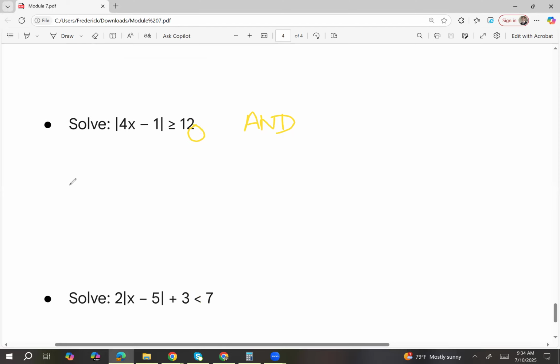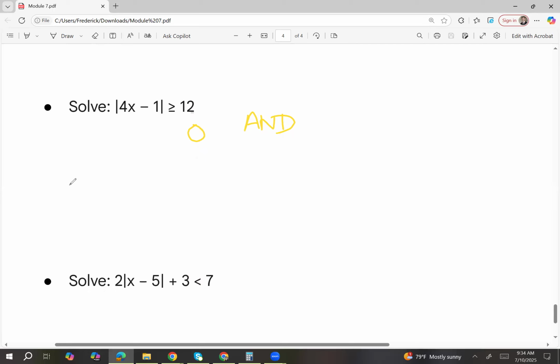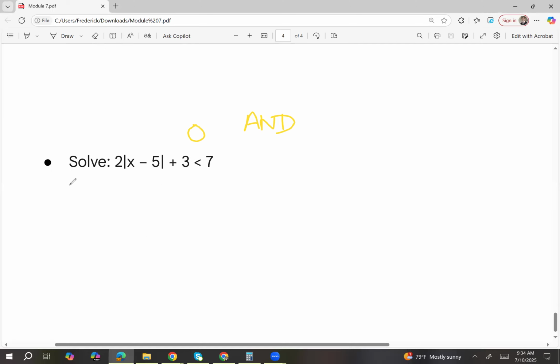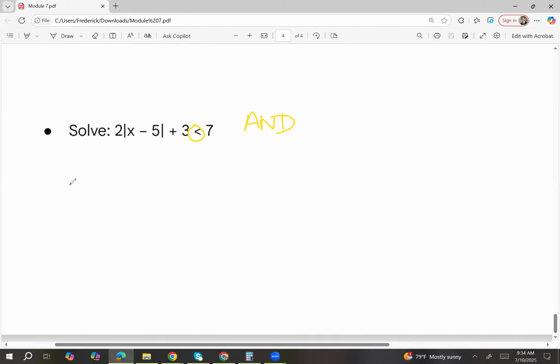Notice this last one had absolute value already by itself, ready to strip away and convert to the positive and negative form. We needed it to look like that before we split it into the two forms. And notice down here with this example, that's not what we see immediately. So let's walk through what I want you to do in that case.